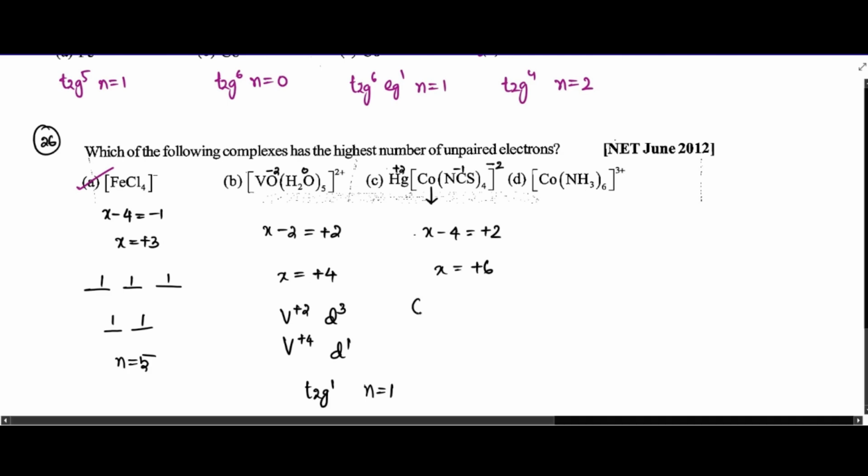So cobalt +2 is d7. For +6, 4 more have to go, d3. So it's going to be a t2g3 system. Number of unpaired electrons is equal to 3.